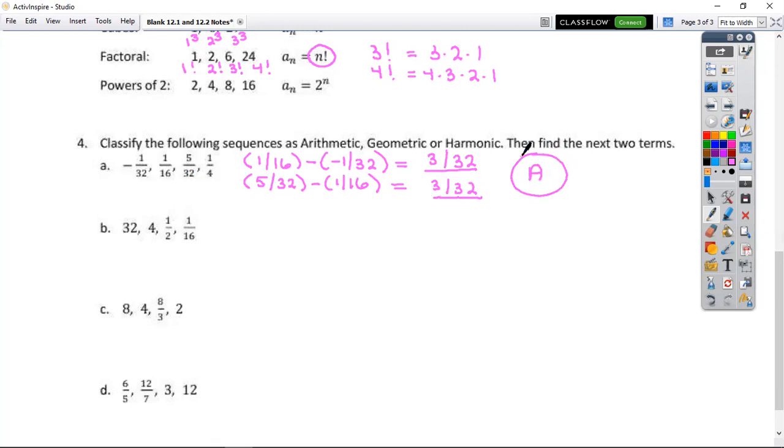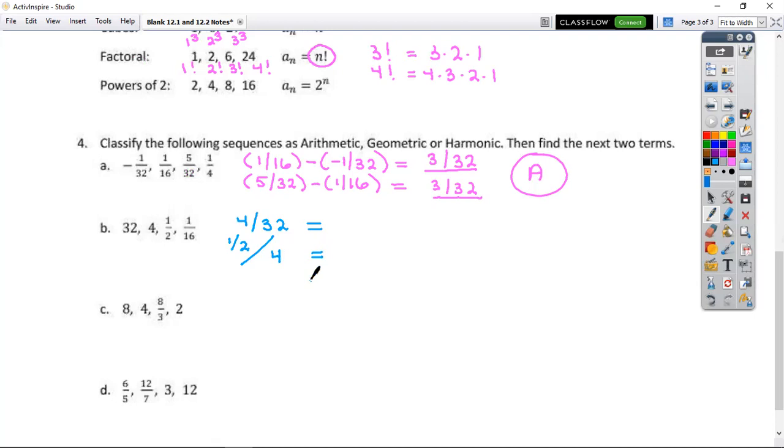Letter B. Is letter B going to be arithmetic? No. So check geometric. So is this geometric? Check your R value. So 4 divided by 32. What do I get? And is that the same thing as 1/2 divided by 4? Again, unless you're really good and can just look at this, that's the formula you want to use.